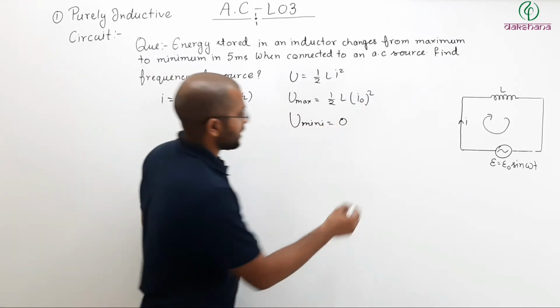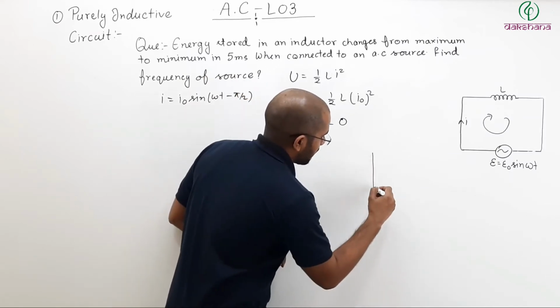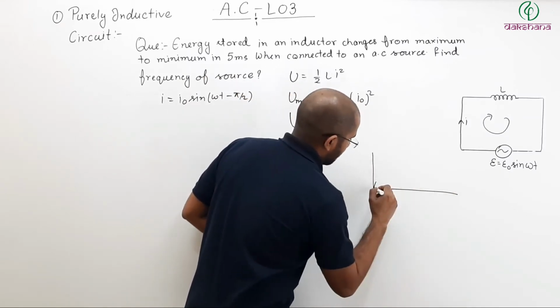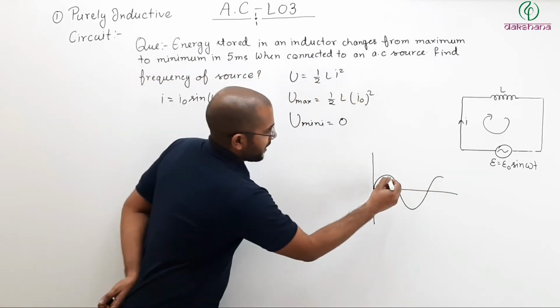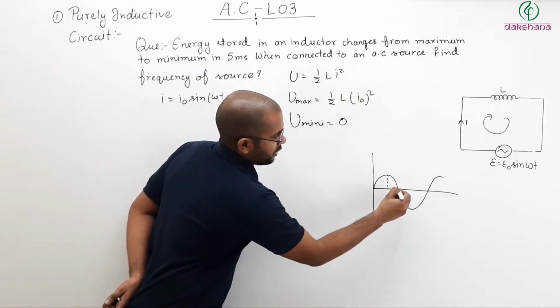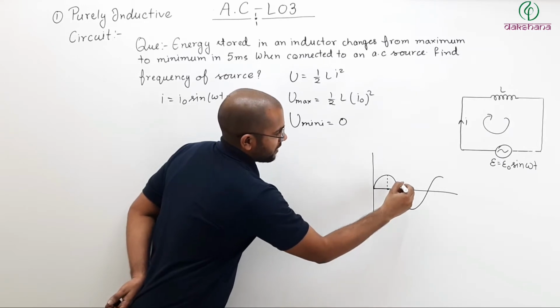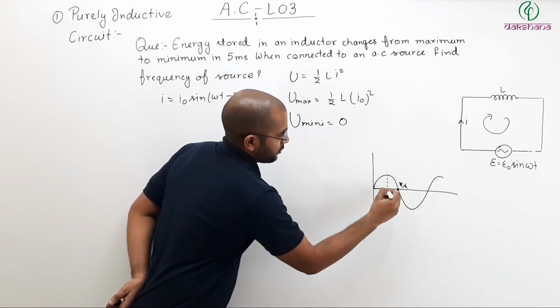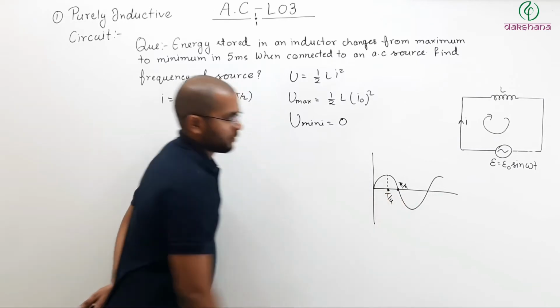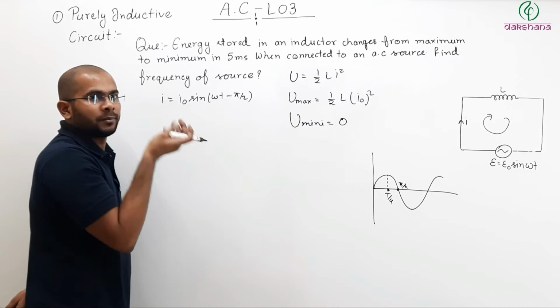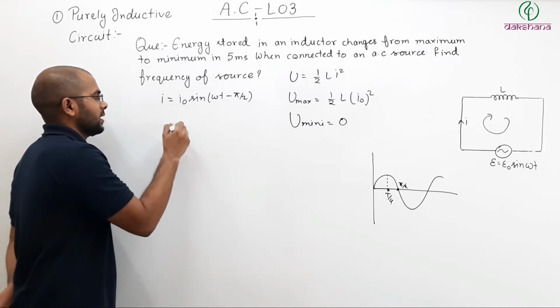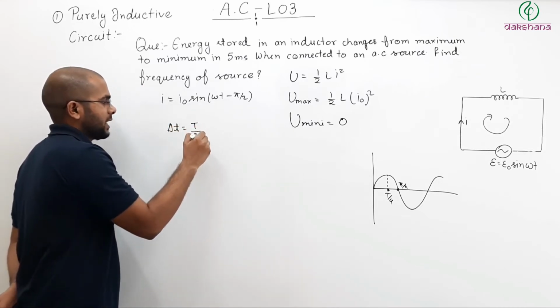If you remember, in a sinusoidal graph, going from maximum to 0, how much time has passed? This is your T by 2, this is your T by 4. So going from maximum to 0 takes T by 4. So delta t must be capital T by 4.